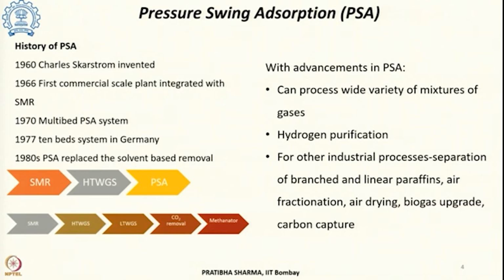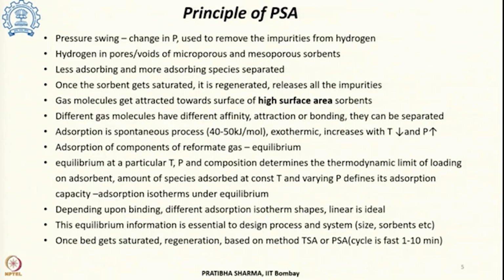It is not only used for hydrogen purification, but it is used for various other industrial processes like separation of branched and linear paraffins, for air fractionation, for air drying. It can be used for carbon capture, for biogas upgradation. Now if we look at the principle of pressure swing adsorption, the name itself suggests.